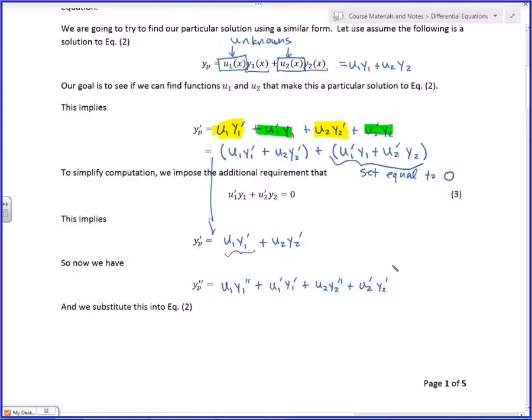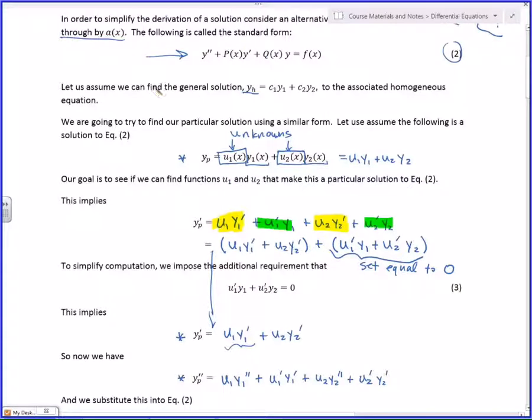Okay. All right, so using this here, and this here, I'm going to plug all of those into equation 2 up here. I'm going to plug in yp double prime here, yp prime here, and yp right there.